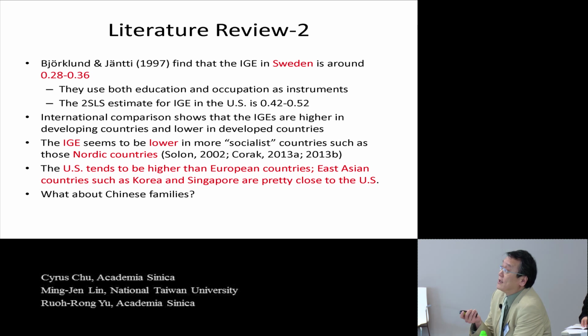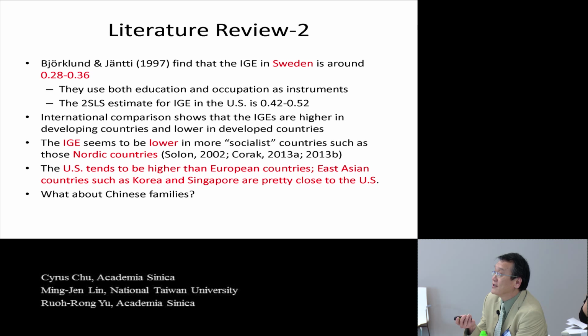So in the past, Sweden's IGE is about 0.28, 0.3, and for Canada, a study summarized that the United States is higher than European countries.